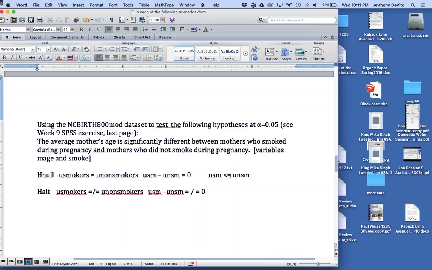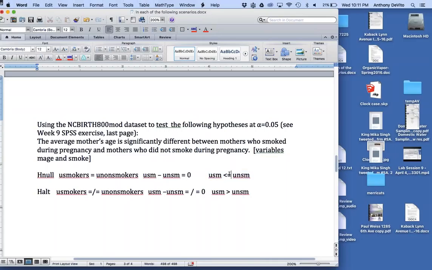Okay, less than or equal to the mean for non-smokers. And I'd make my alternative hypothesis that the mean for smokers is greater than the mean for non-smokers. What does that give me the opportunity to do? It gives me the opportunity to say, if I can reject this as being true, then I've proved that smokers are older than non-smokers. That would be a one-sided test, exactly.